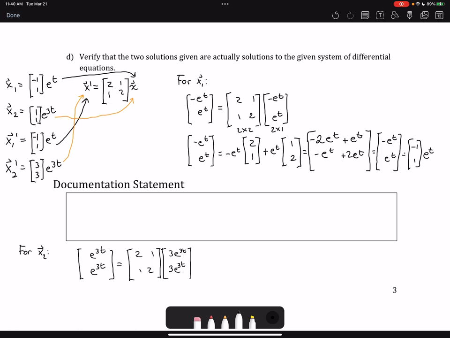Okay. Well, now we do the same process. I like to put e to the 3t here, and then multiply it by the first vector, and 3 e to the 3t here, and multiply it by the second vector, which results in 3 e to the 3t times 2, which is going to be 6 e to the 3t, plus 3 e to the 3t, and I noticed that we might not get the same result, so there might be a mistake going on in there.